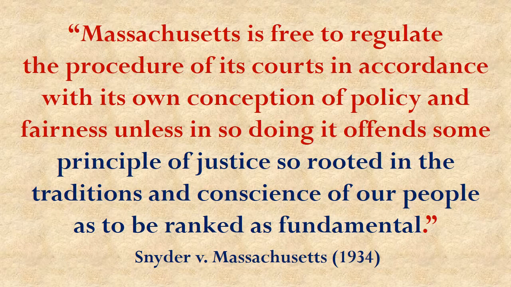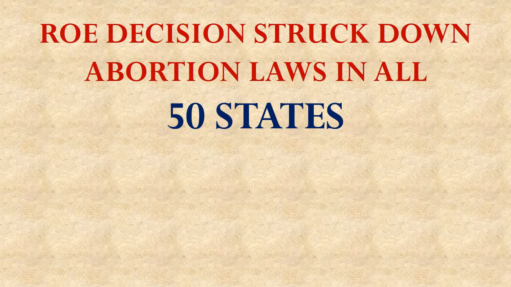Another problem, just like with Griswold, is that if they are going to simply pull a non-textual right out of the air, they have said they will only do so for rights that are rooted in the traditions and conscience of our people. In other words, something that we as a people have long recognized, that pretty much everybody understands as a right, even if it isn't written down somewhere. But the decision in Roe v. Wade struck down abortion laws in all 50 states.